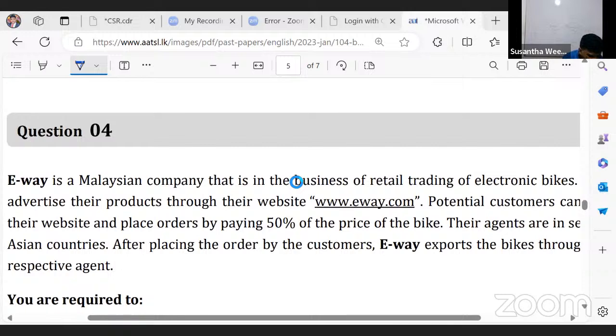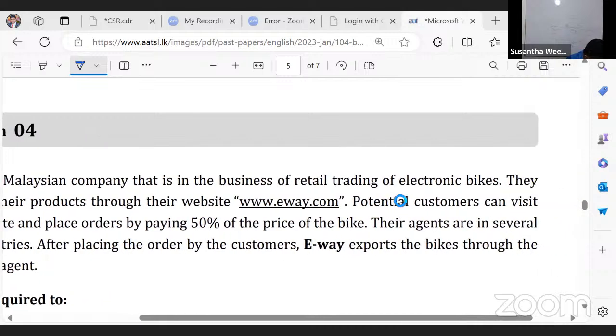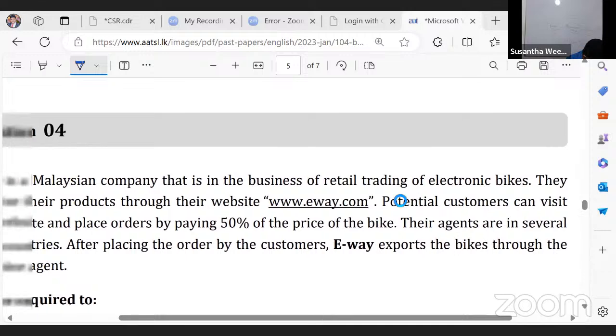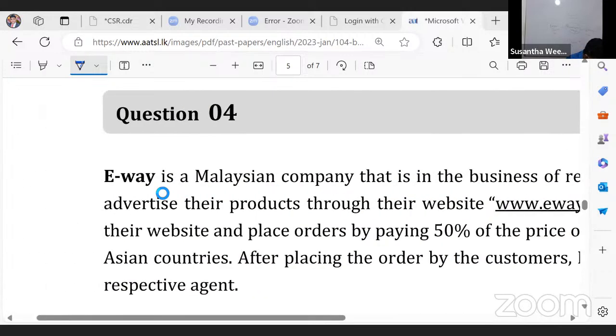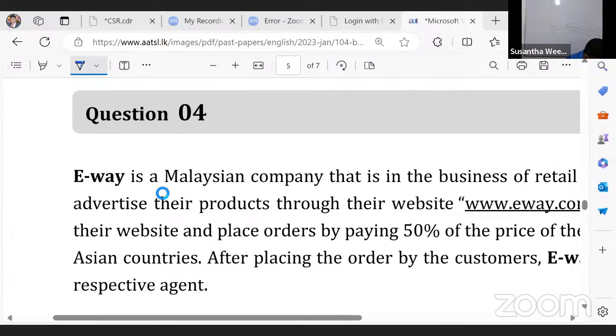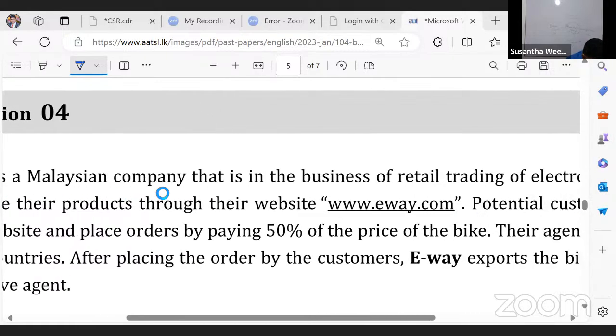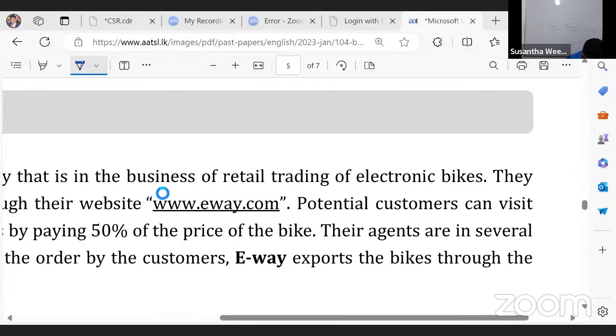Question number 4 says, eWays is a Malaysian company that is in the business of retail trading of electronic bikes. They advertise their products through the website www.eway.com.